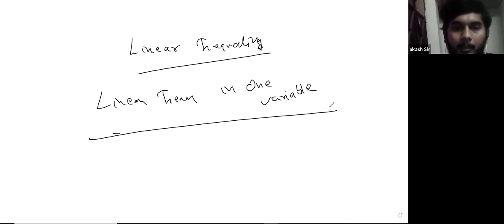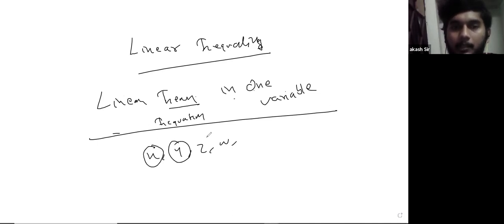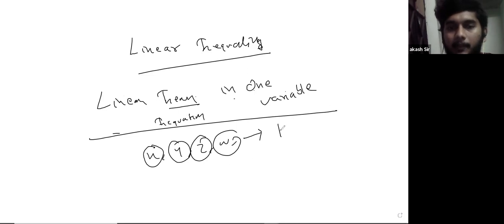Linear inequations in one variable. We all know variable x, y, z, w, anything. Linear inequation is where the variables have powers of 1. The highest power that variable can have is 1.